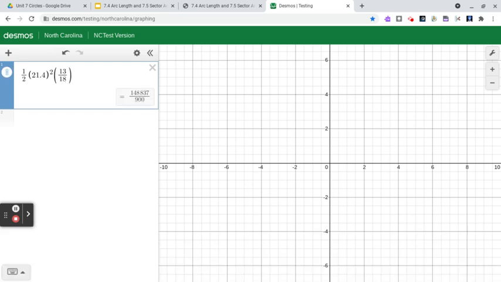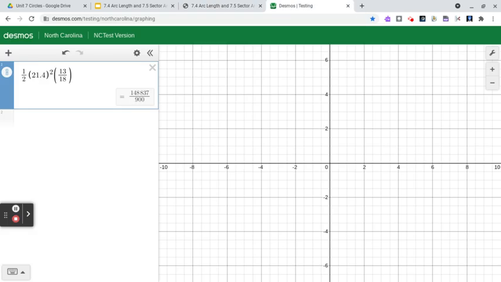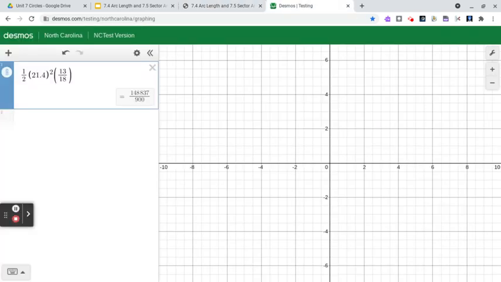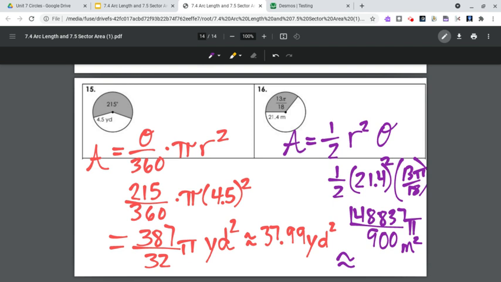Ooh, wow, that looks terrible. 148,837 over 900 pi meters squared. And then to calculate out to the nearest hundredth, we're just going to multiply that by pi. And we get approximately 519.54 square meters.